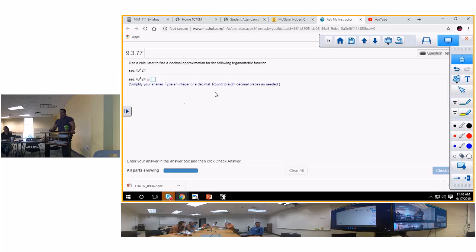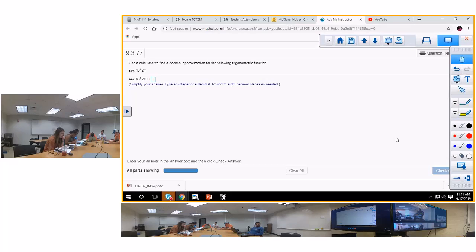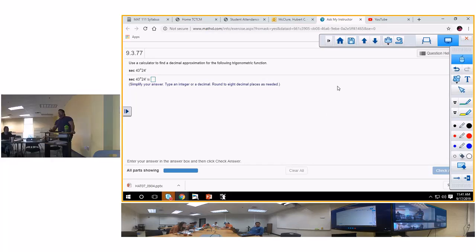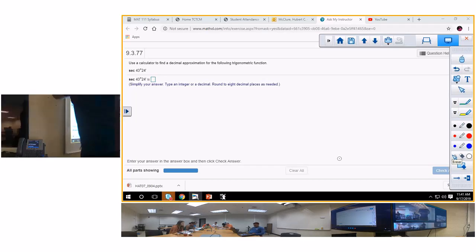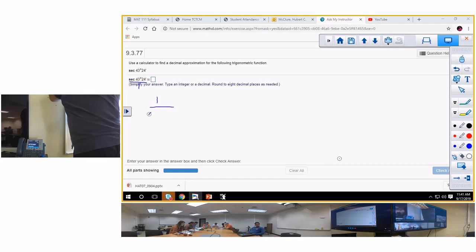Okay, this one. What's the secant? It's the reciprocal of what? So I'm going to do 1 over the cosine of 43/24. Now this, a lot of people probably have not seen this before. So the best thing to do is to write this as 1 over the cosine of 43/24.